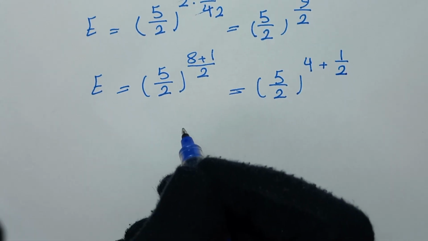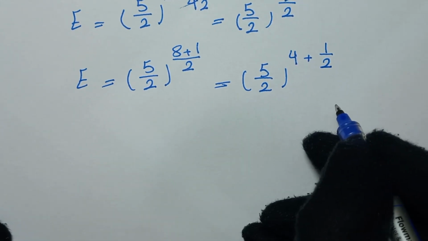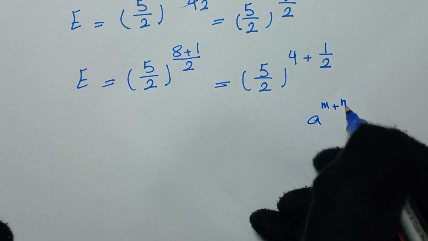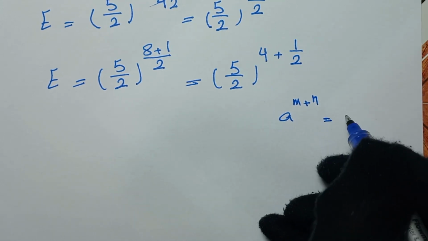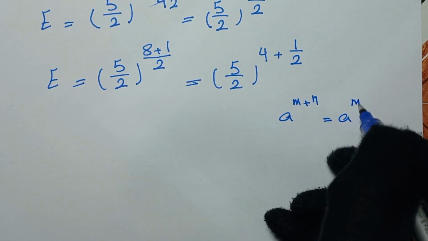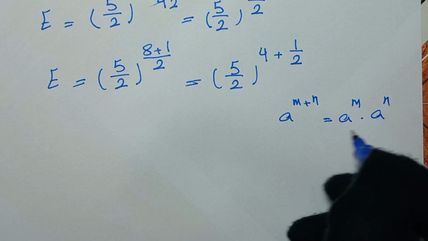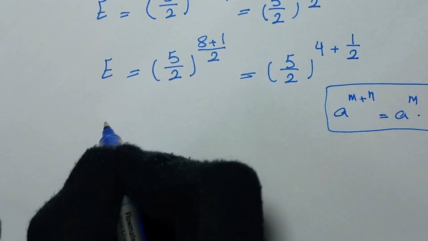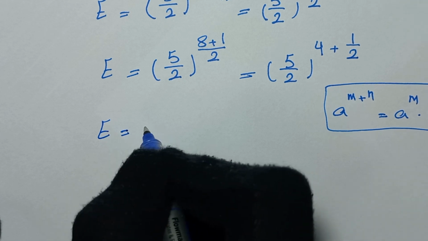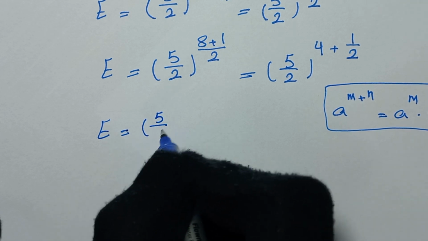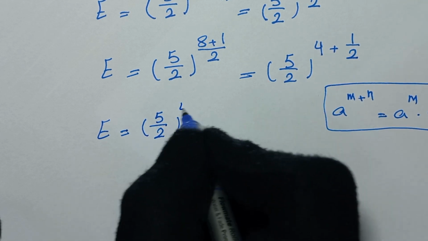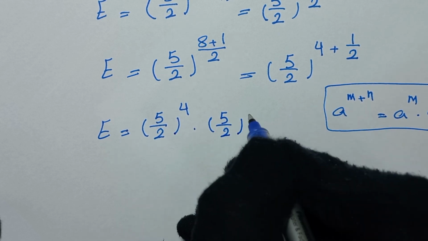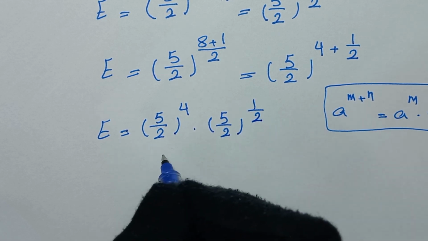So, in the next step, from the exponential rule, if we have a to the power of m plus n, we can write this as a to the power of m times a to the power of n, right? So, in here, we can write e is equal to (5/2) to the power of 4 times (5/2) to the power of 1/2.